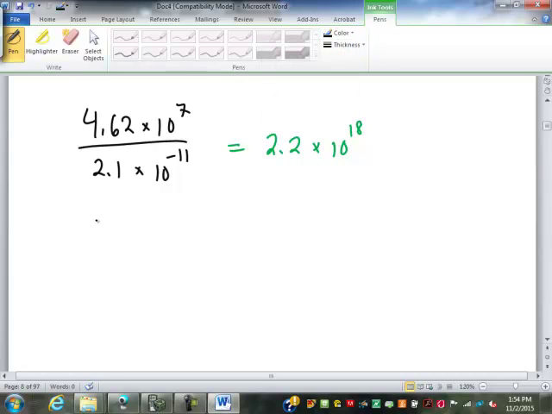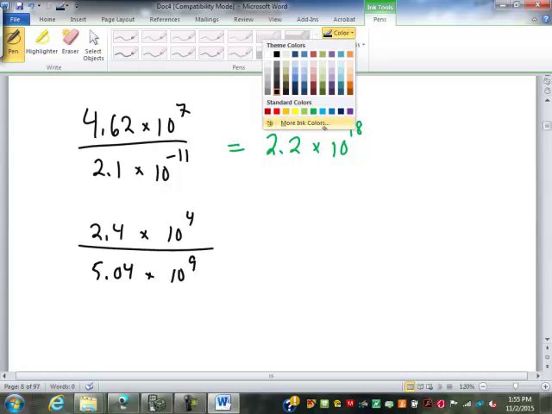So then, how about we go 2.4 times 10 to the 4th divided by 5.04 times 10 to the 9th.